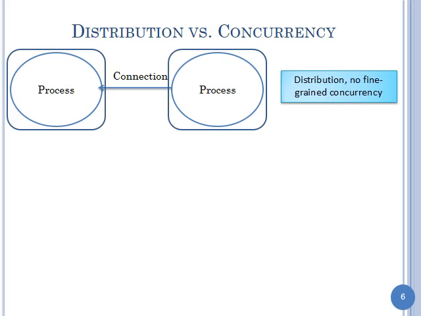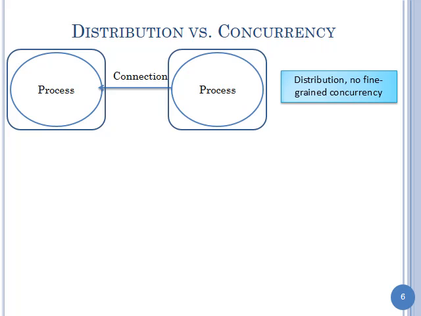So distribution versus concurrency, the way we've defined it, you can have processes with no fine-grained concurrency. Theoretically, each process has only one thread. If these two processes talk to each other, that's a distributed program. And threads are relatively new in many domains, so a lot of distributed programs were written this way.